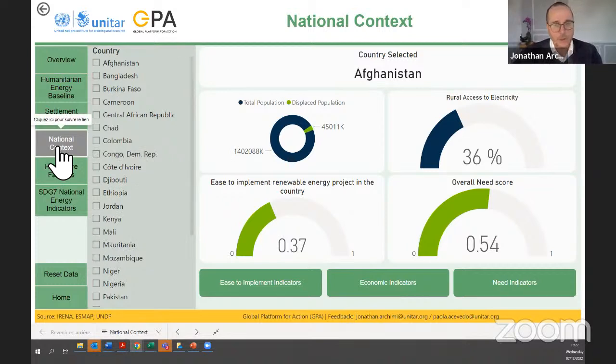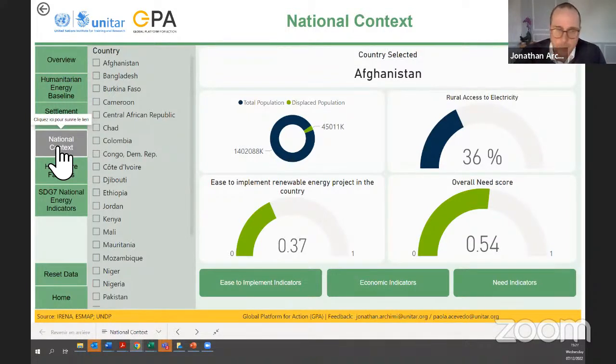So this national context is public information. It's really a compilation selected based on interviews with the sectors, both energy and humanitarian sectors, on what type of indicators they would be interested to see when combining humanitarian and energy data.